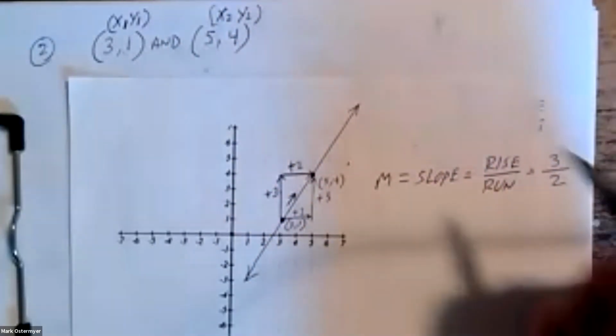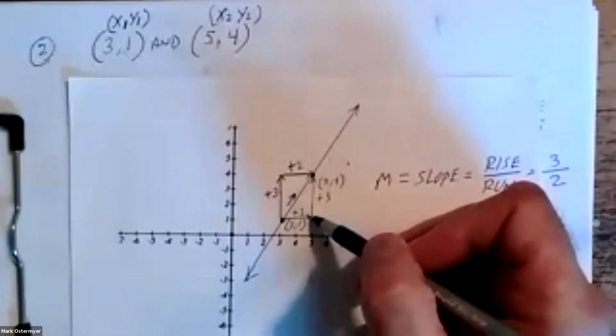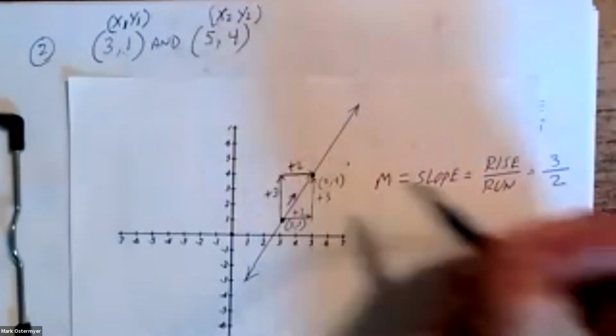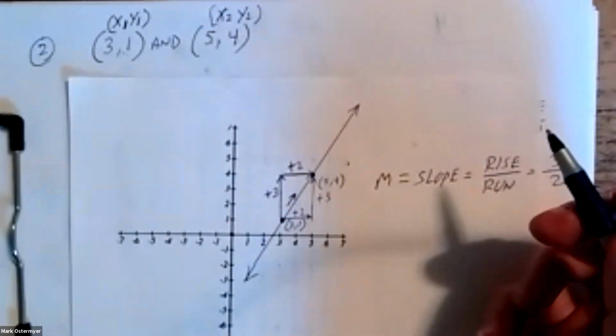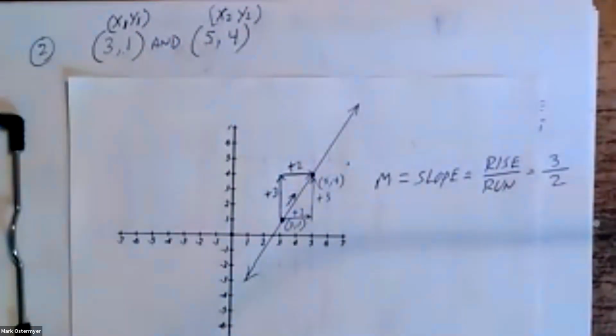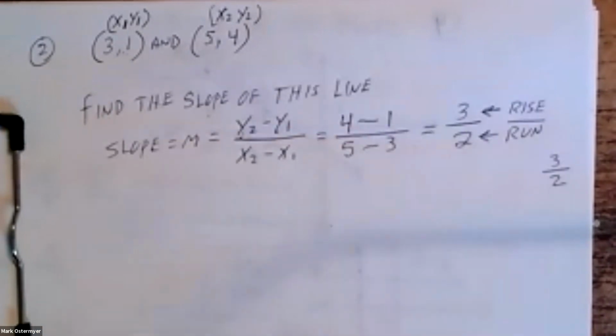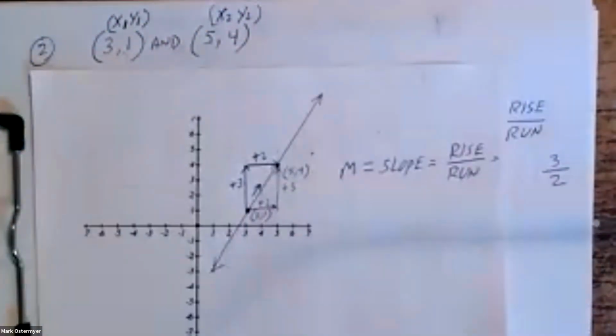So however you want to put your triangle: 3 units of rise to 2 units of run, okay? Questions on how we determine that slope both mathematically, using our slope formula, and then graphically.